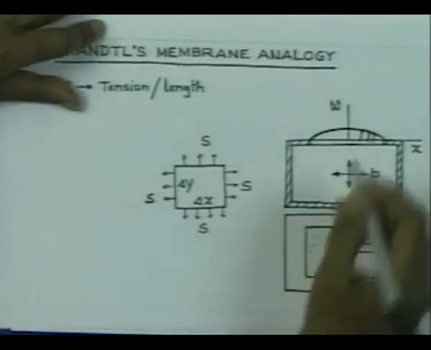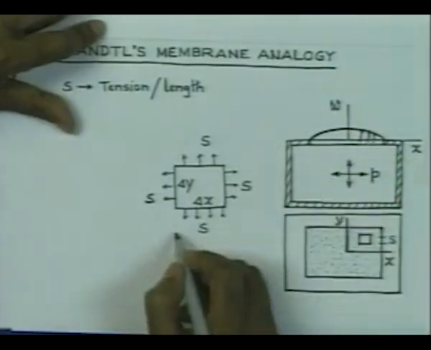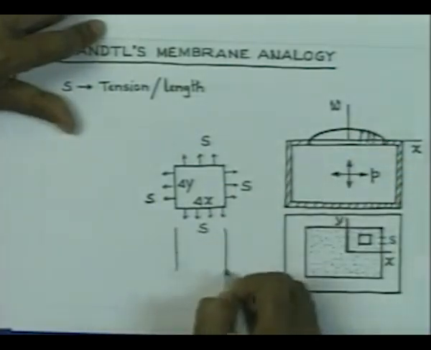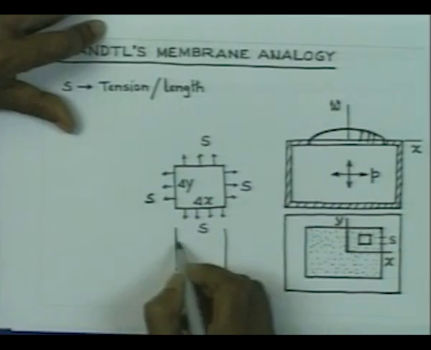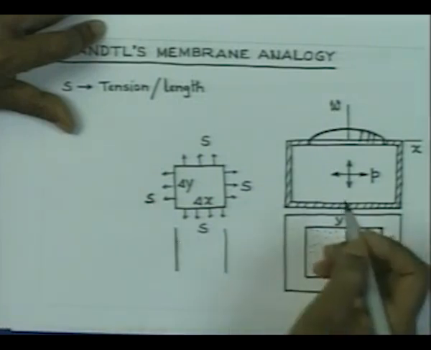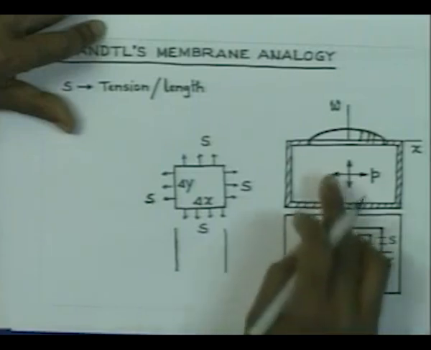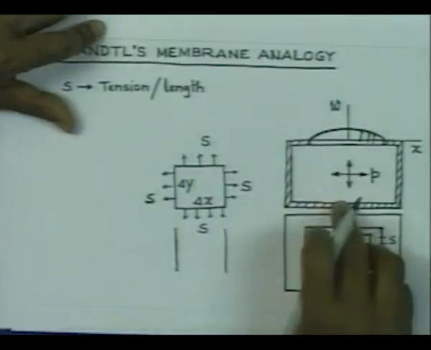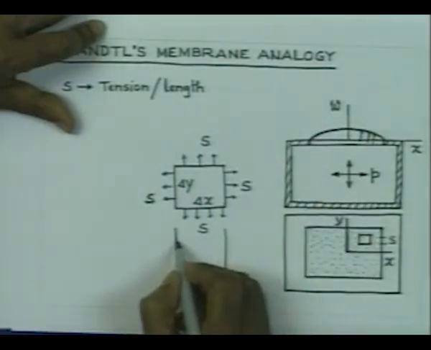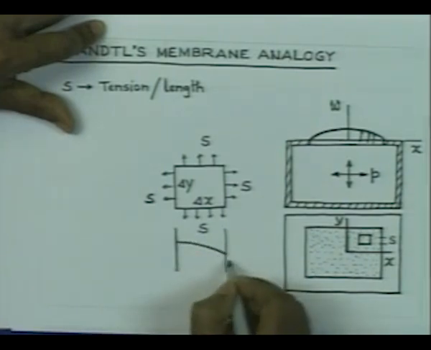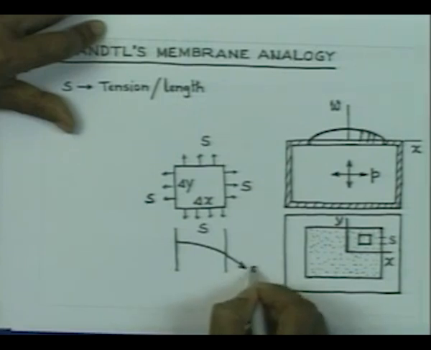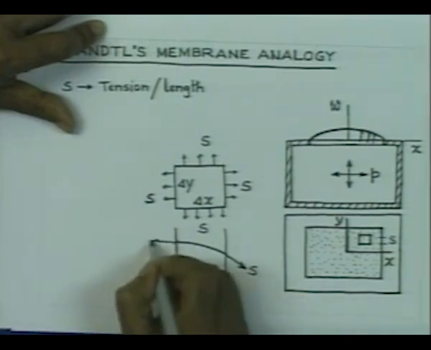If we now consider the forces in the vertical direction, let us also write one more piece of information. If I look from the bottom to top direction, or from the origin towards the y axis, then the deflected membrane shape is going to be like this. So, we have the tension S acting like this, and here it is acting like this.